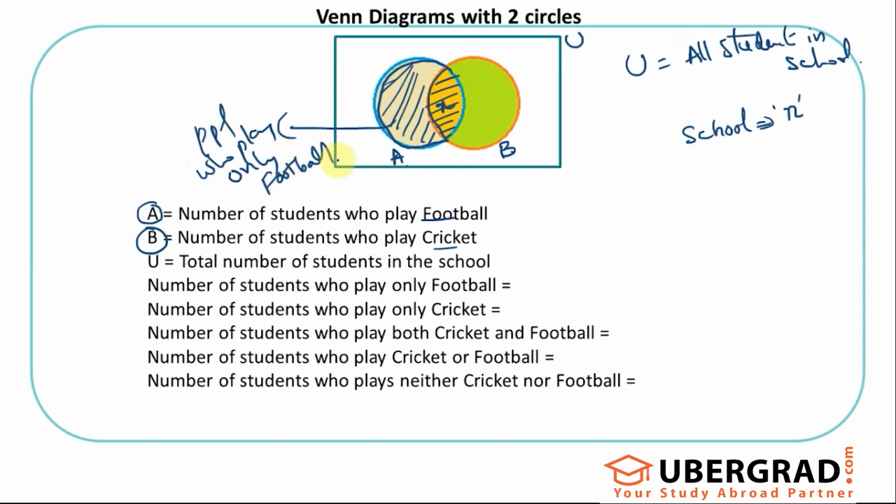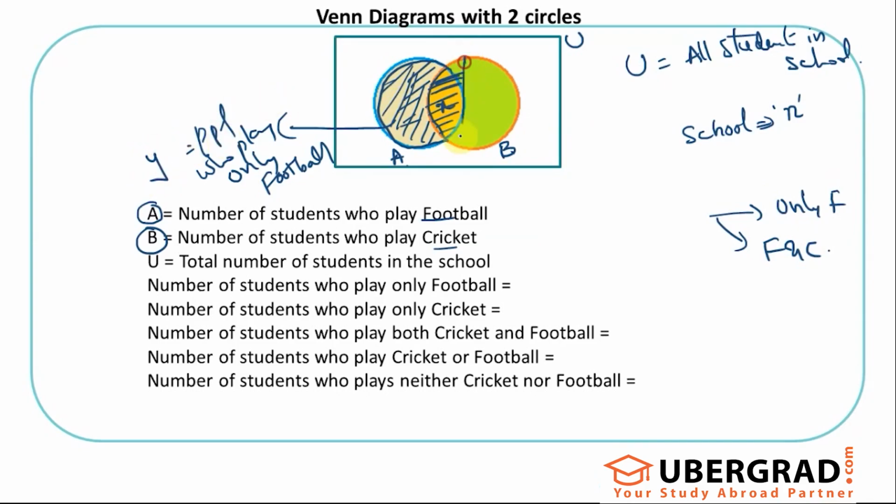This is an important understanding to have. This entire circle is people who play football, and they are of two types. Some people only play football. Some people play football and cricket. Football and cricket is this zone, because that's overlapping with the cricket players as well. So that is X. Only football is this zone. Let me assume that to be equal to Y.